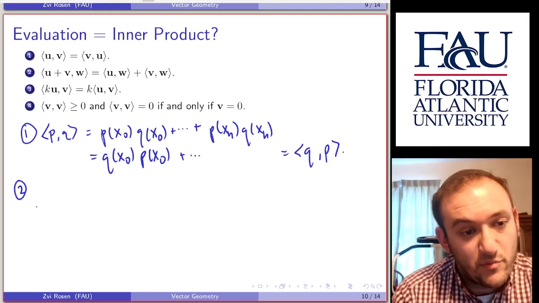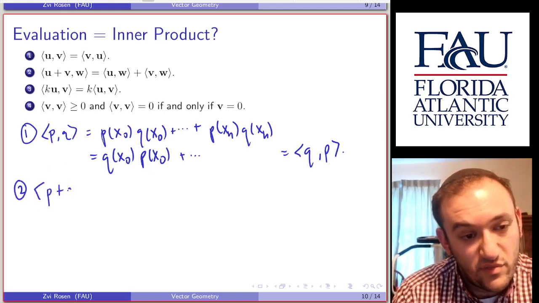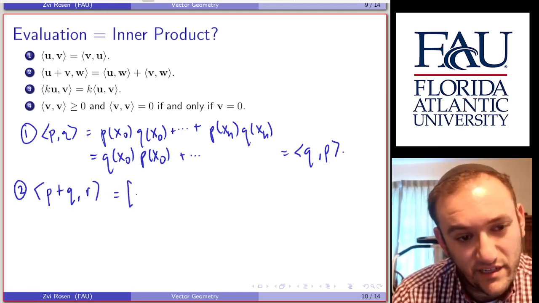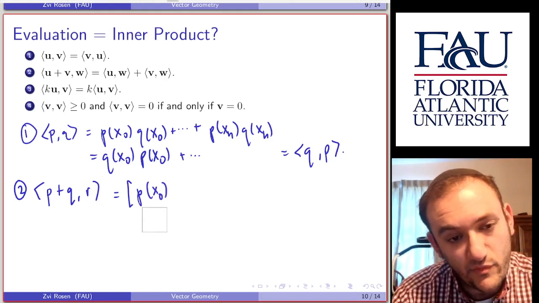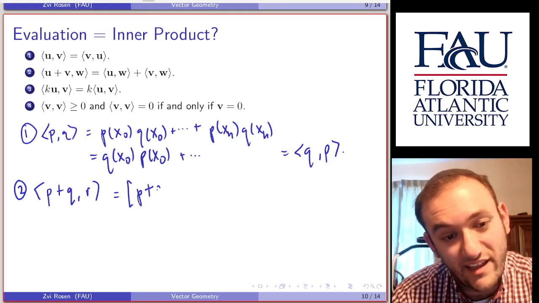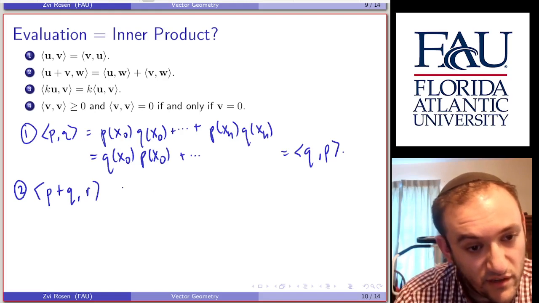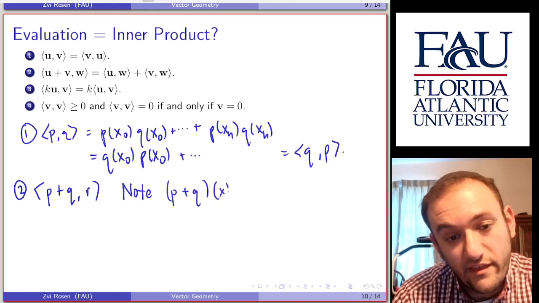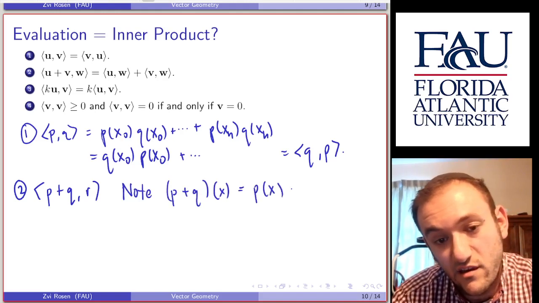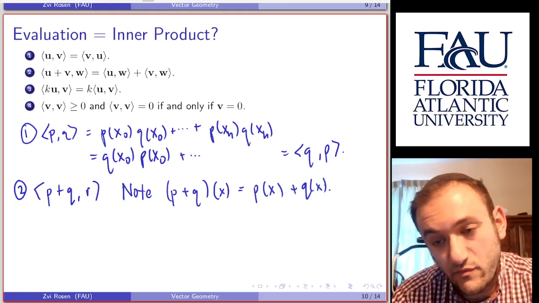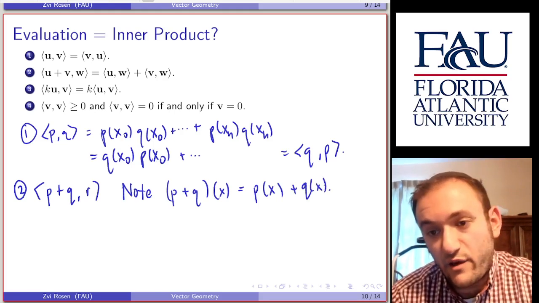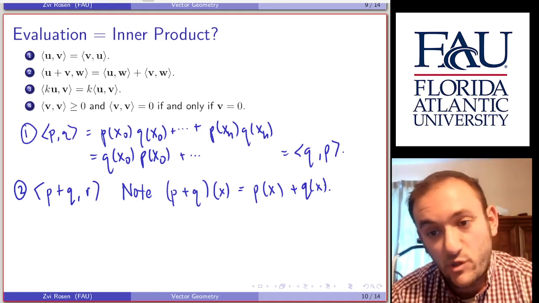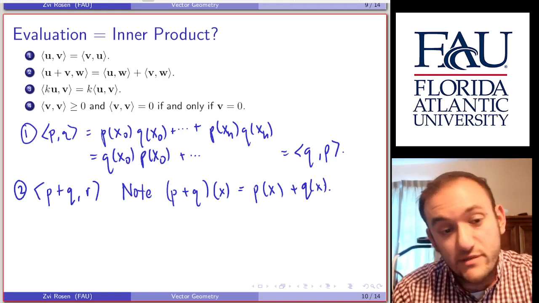How about the second property? Let's say we have p plus q, and then there's another polynomial r. It's the same idea. Well, what's the value of p plus q at x0? Let's make a note of this. Note, p plus q evaluated at x is the same as p of x plus q of x, just by virtue of how we're defining addition of polynomials. If you're evaluating at a certain point, you can evaluate the two functions separately and then just add the results together.